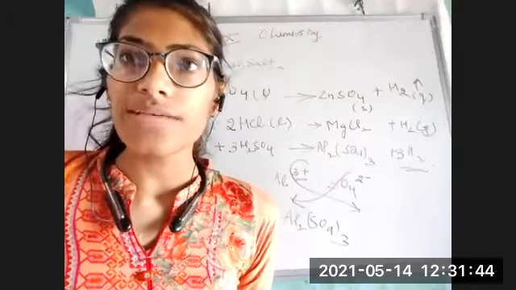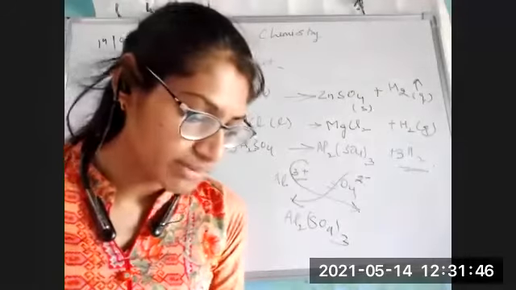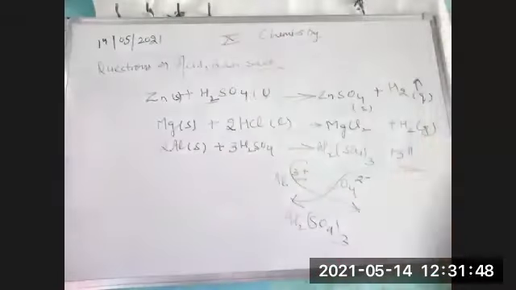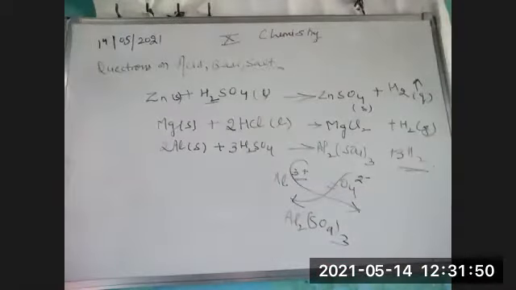Now next move to our next question, that is question number 6. The question number 6 is: compounds such as alcohols and glucose also contain hydrogen but are not categorized as acid. Describe an activity.